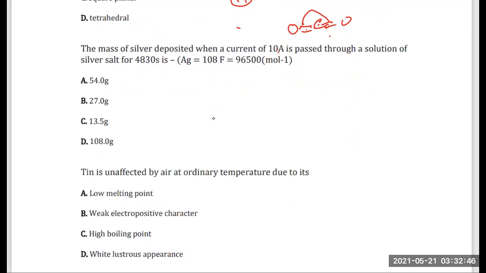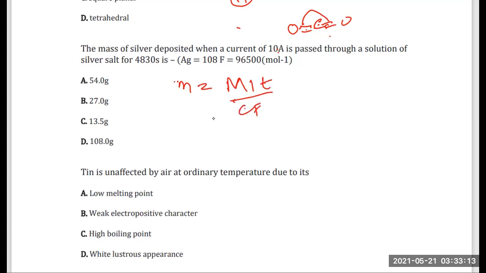The mass of silver deposited when the current of 10 ampere is passed through. So if you look at this question, there is a formula that could help us solve this easily without stressing ourselves. I call this formula one formula answer all. So this is the mass. We can use this formula, uppercase M I T over CF.